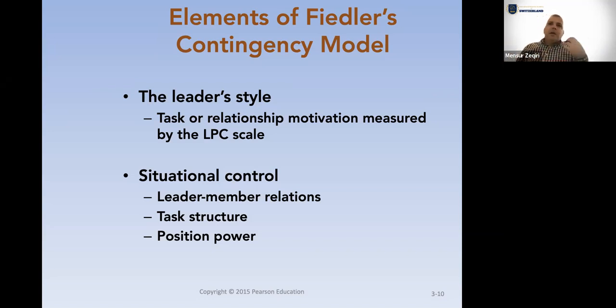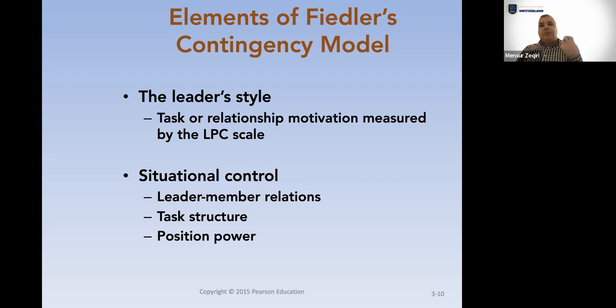The combination of these three main factors, the leader-member relations, task structure, and position power, will yield the amount of situational control that the leader has over the situation.